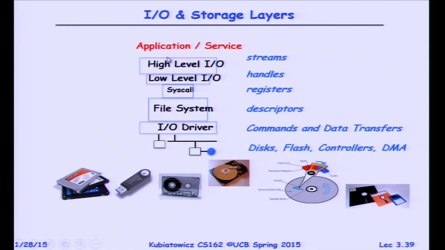And so if you're up here and you're reading from a file, what's actually happening is you go into the library, it takes a system call, it goes into the file system, discovers that it doesn't have the data you want in its memory, it invokes a device driver, which starts a DMA operation off the disk, there's an interrupt a little bit later, it comes into the device driver, comes back to the file system, puts it in the buffer cache, returns from the system call, comes back out of the low-level I/O into your library, back into your application, and voila, you got your byte.